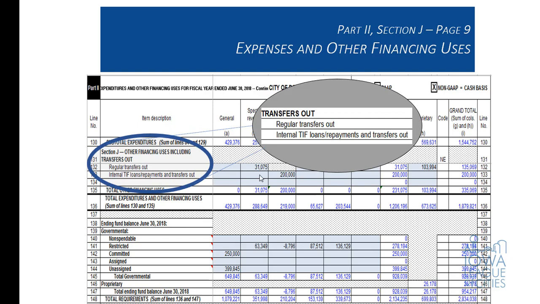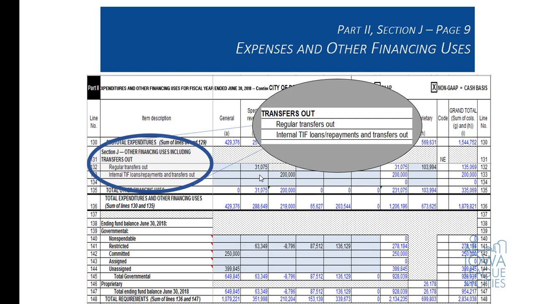Sometimes it's not so clear, because maybe you have some transfers out of your proprietary funds that are split between a capital project. You're going to use some of your sewer user fees to pay the GO bonds for that project. It may not be an easy identifier.